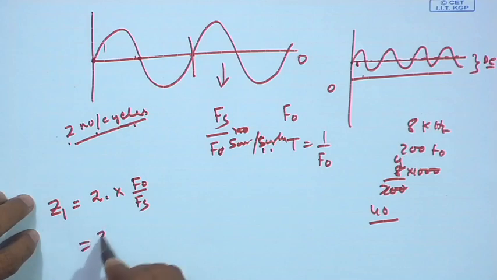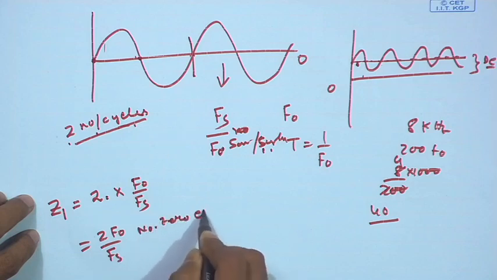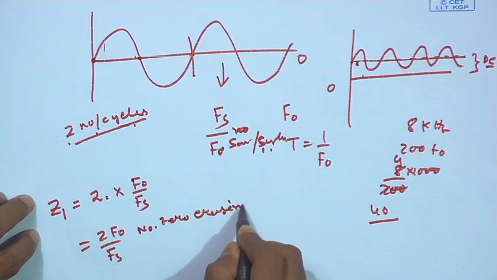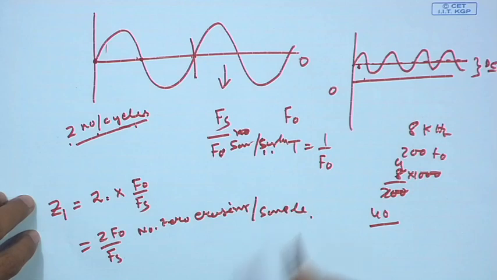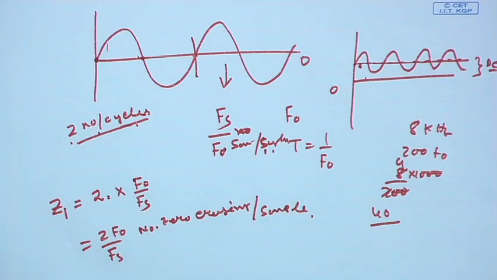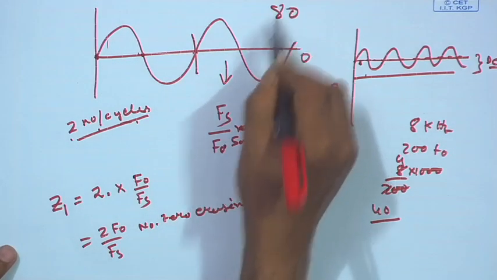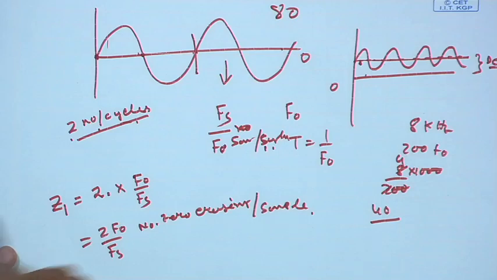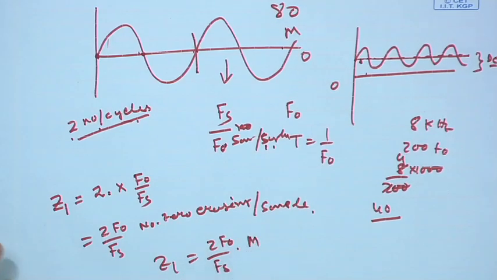So, I can say twice F0 by Fs is the number of zero crossings per sample. If I want to find the number of zero crossings of m samples, then Z1 is 2 F0 by Fs into m.